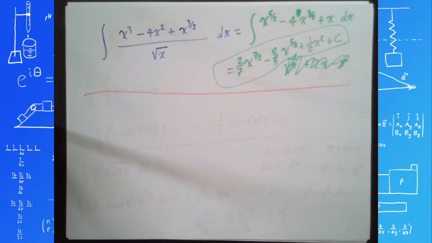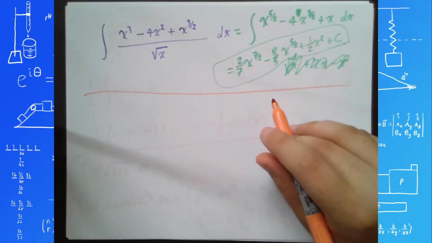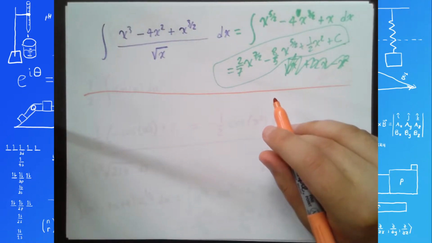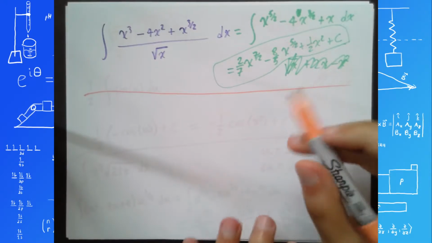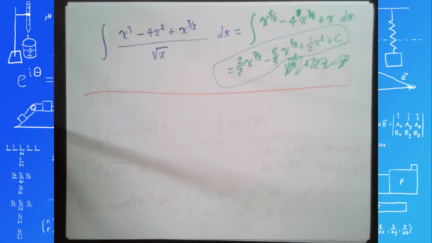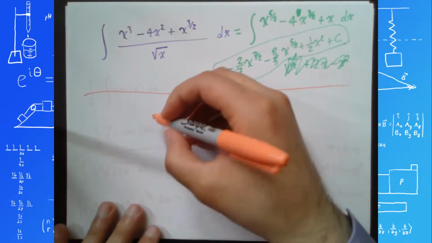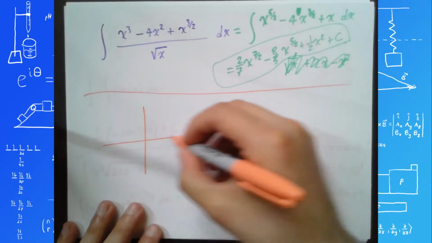What to pick? Well, first I have a couple of problems here saying find the area of the shaded region. I think I want to do the third one I'm seeing.